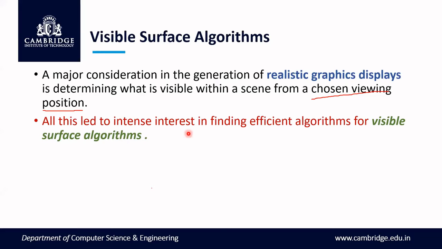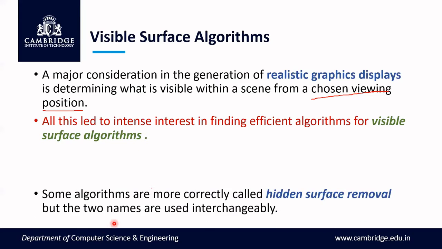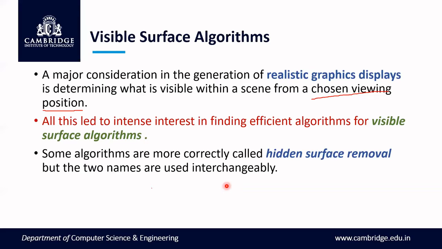All this led to intense interest in finding efficient algorithms for visible surface detection. This is also called hidden surface removal. We call it visible surface detection or hidden surface removal.